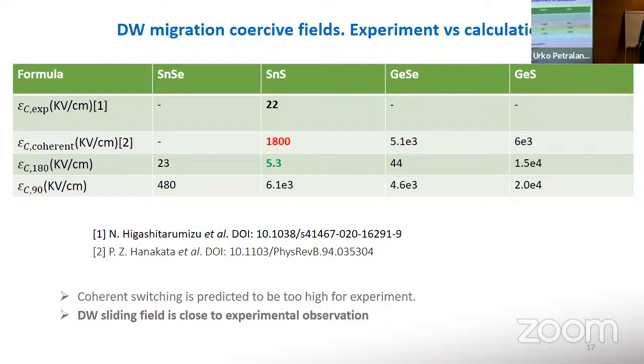So we believe we have kind of solved the inconsistency between experiment and calculation in this sense. And we are of course waiting for other materials to be synthesized. This one exists, but I didn't find any values for the coercive field. We are waiting for people to synthesize more materials of this family and measure these fields, and see if it's actually the domain wall enthalpy that really matters for the switching.